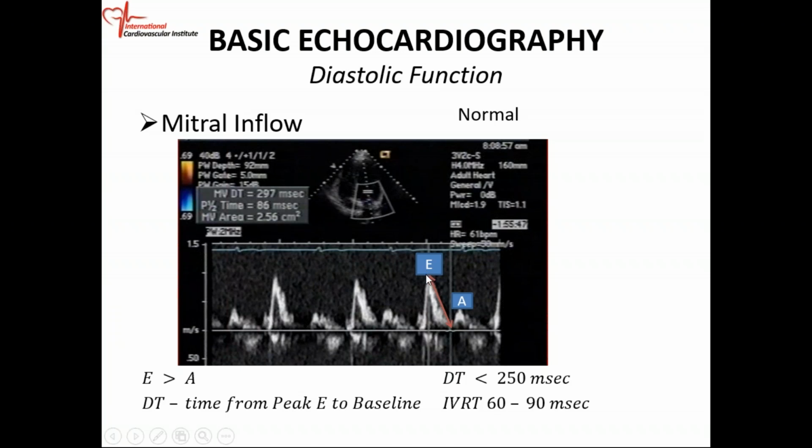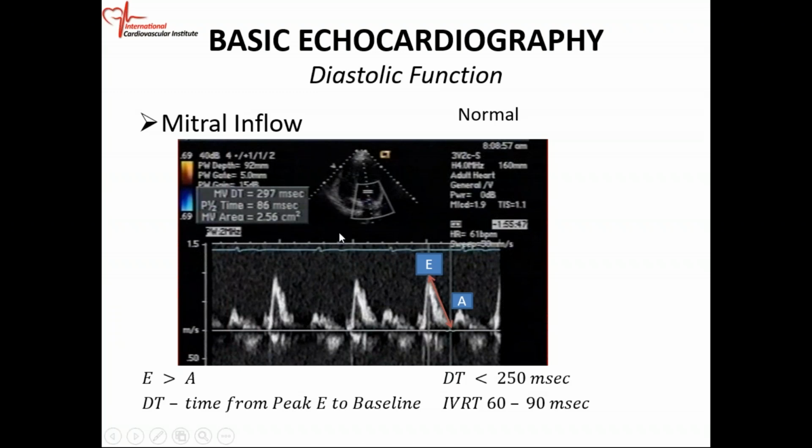To get your deceleration time, it's going to be from the peak E to the baseline. This is the time it takes to travel from peak E to the baseline. Again, the normal deceleration time is usually less than 250 milliseconds.